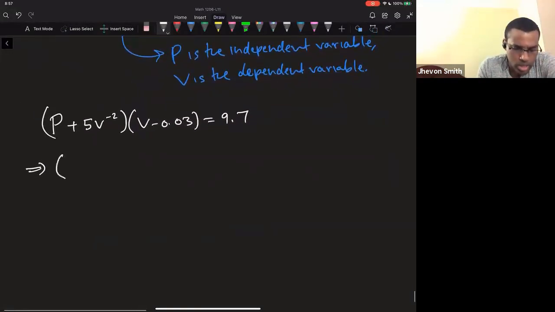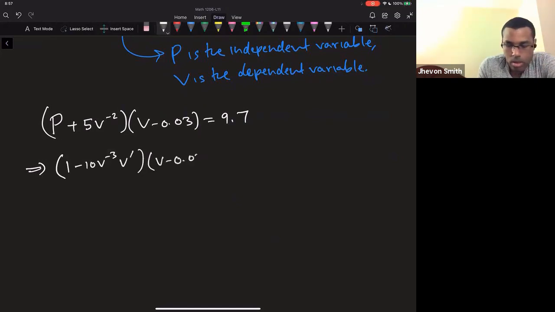So I'm going to differentiate the first one, times V prime, leave the second, plus leave the first, differentiate the second.